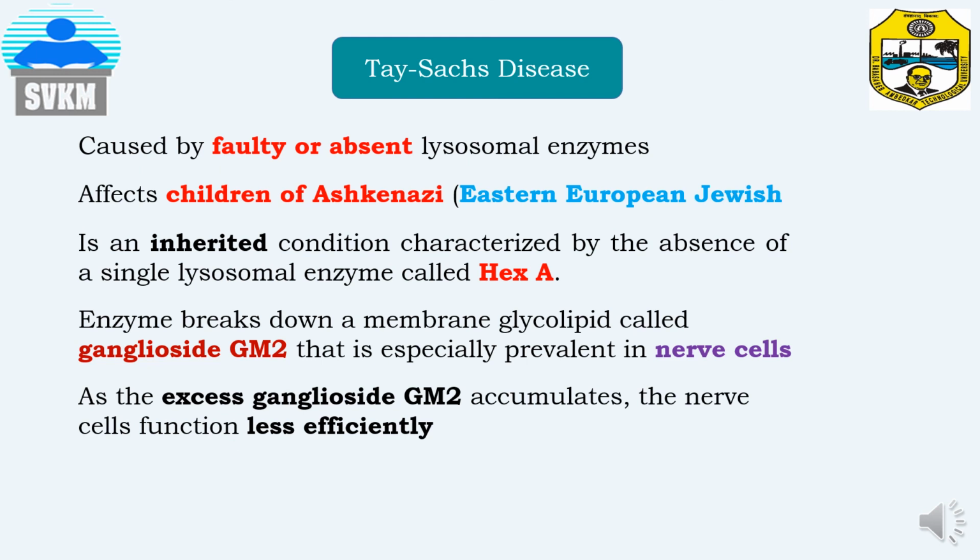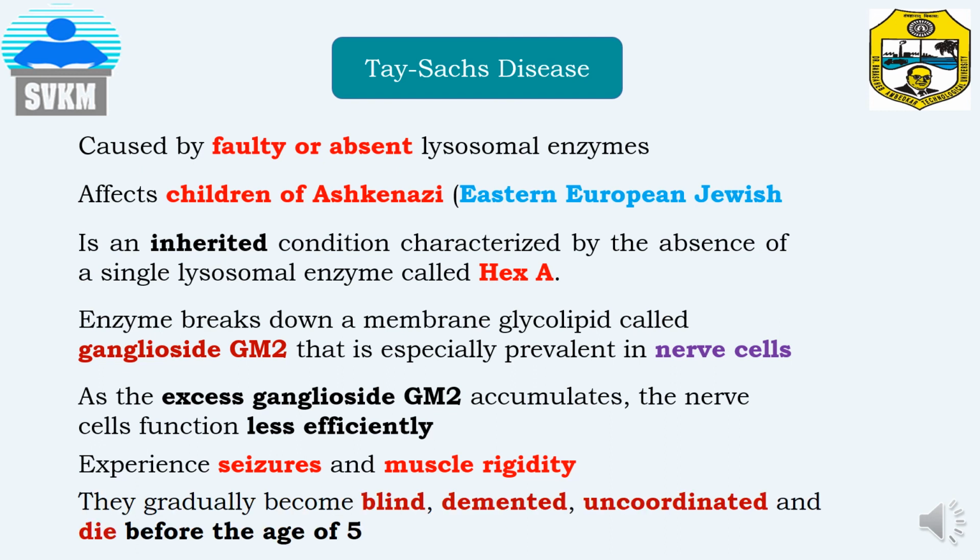So when there is excess accumulation of ganglioside GM2, the nerve cells function less efficiently, meaning nerve cell function deteriorates. In that case the children experience seizures and muscle rigidity, and they gradually become blind, demented, uncoordinated, and die before the age of 5.